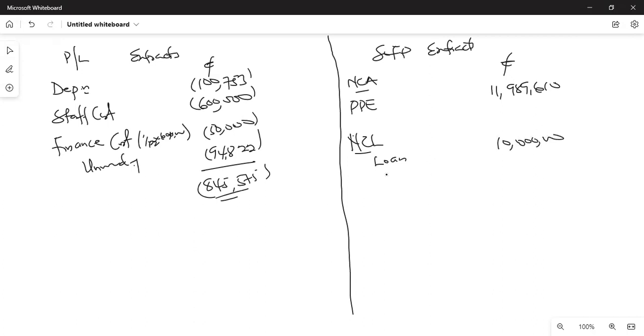And the PV of dismantling cost, which is a provision, 1,580,363, which is an NCL. We can slot it in here straight.